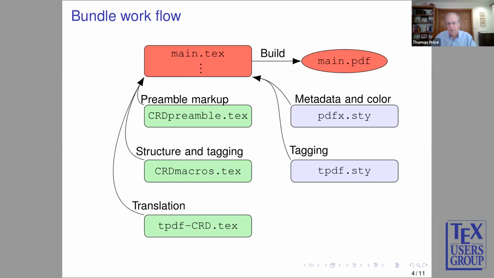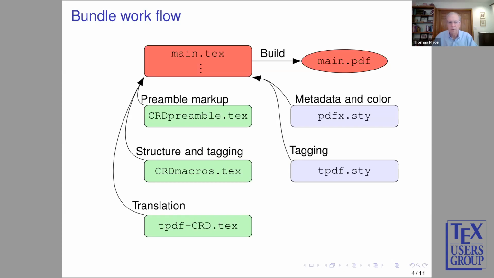You'll notice here that I have on the right column Ross's two packages. The first one handles all metadata and color. We'll see how the metadata is handled in just a minute. The color profile, there's a default color profile. I have never looked at any other, and I don't know of anyone who has, so I'm not going to discuss that. The second file, or style file, is for tagging.